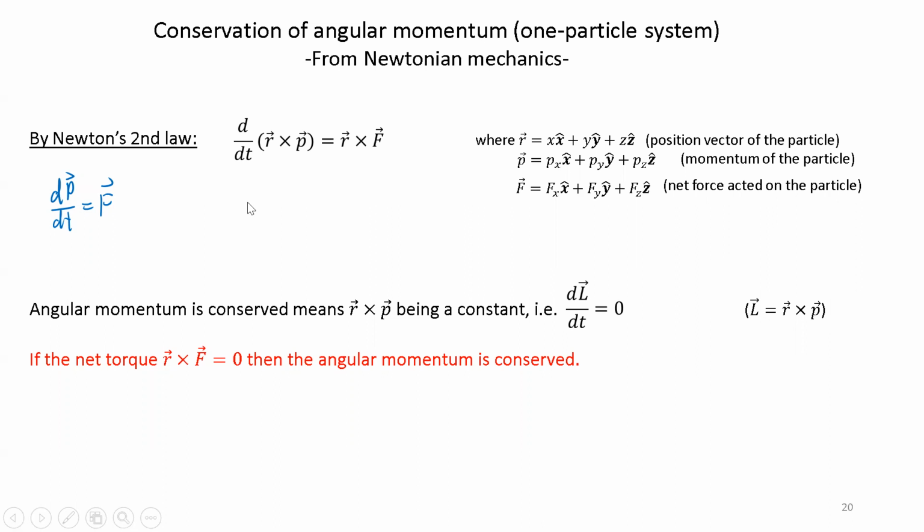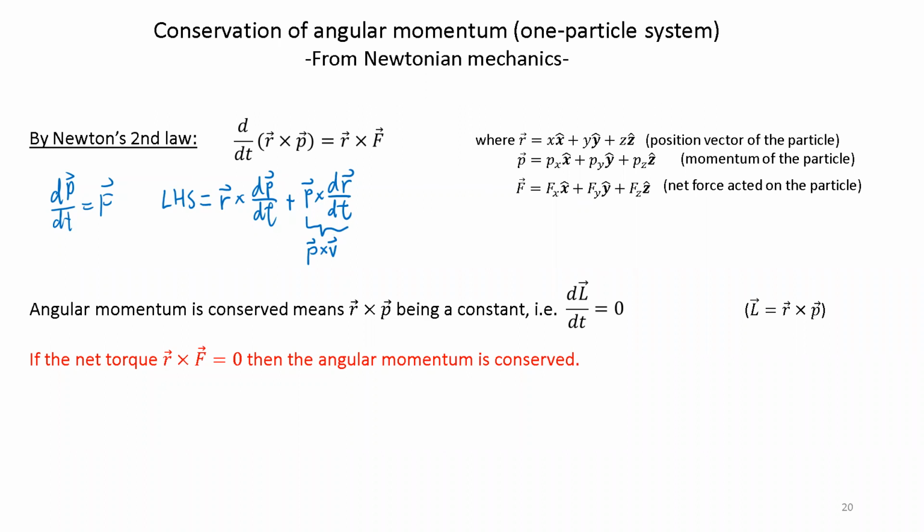Because if you actually try to expand the terms on the left hand side, it would be something like this. Okay, so this is what we have on the left hand side. And if you look at the second term, this is actually p cross v.